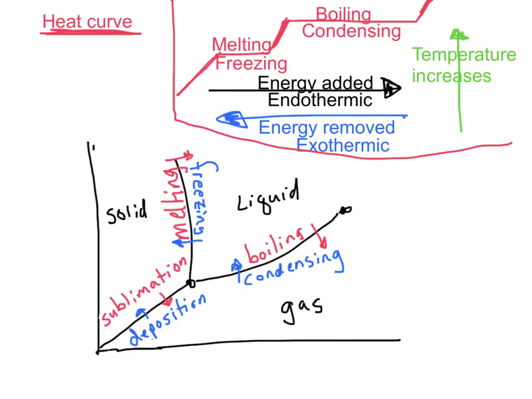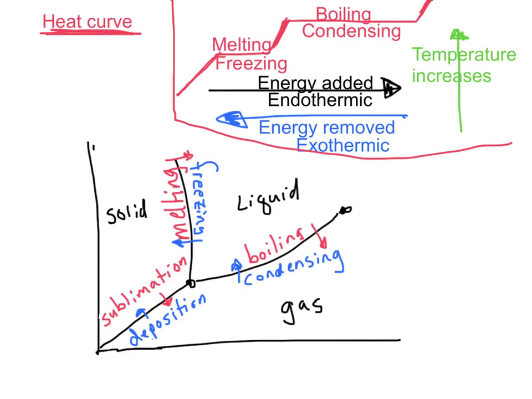You need to be able to identify what's happening, is energy being added, and is it endothermic or exothermic. Now down here at the bottom we've got a phase diagram, and we need to be able to know the words that represent the phase changes. Most of us know melting and freezing and boiling and condensing, but we need to know sublimation and deposition. The reds here are when we are putting energy in. Okay, they're endothermic. I have to put energy in to melt or boil or cause sublimation.